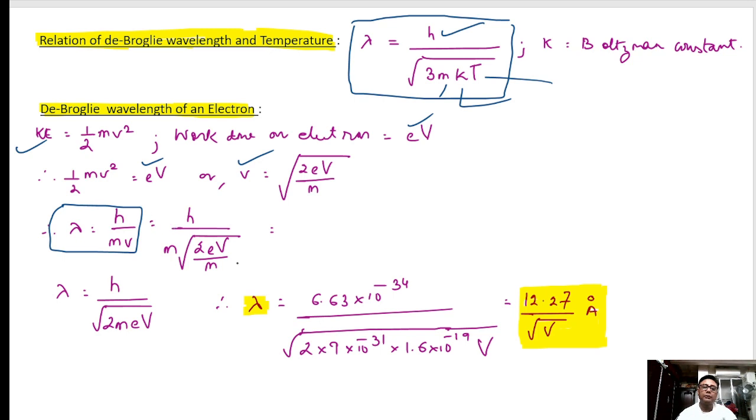So putting the value of v, we get this. Now putting the values of h, m and e, these are constants, we get that the wavelength is actually 12.27 by root V. V is the potential between the plates.